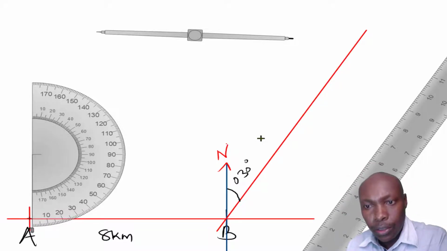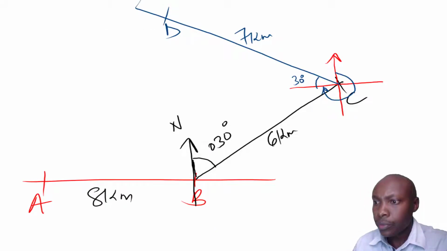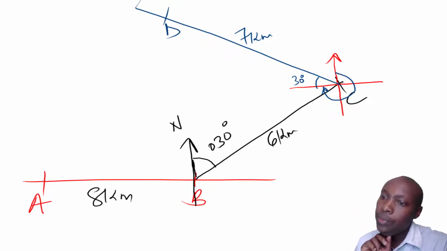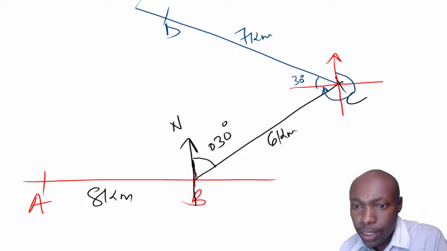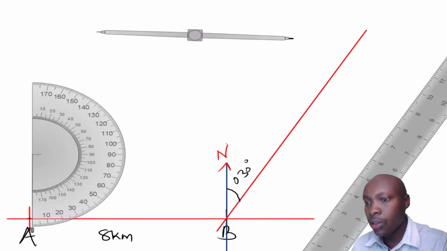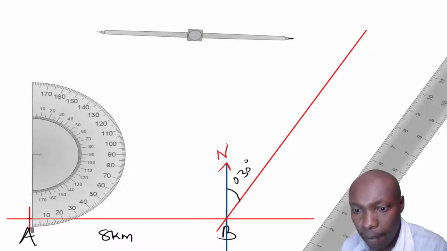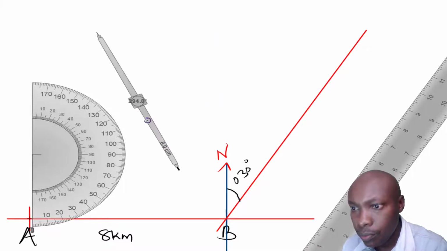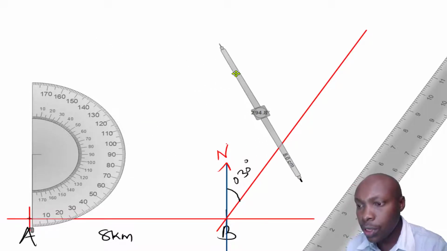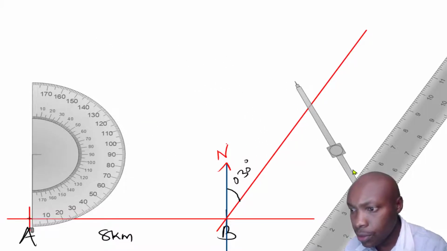The next thing we're going to do from there, this will be 6 kilometers. You have to measure that 6 kilometers. How do you measure that? You can take the measurement using your pair of compasses and a ruler.